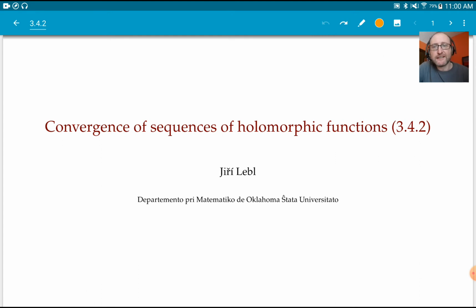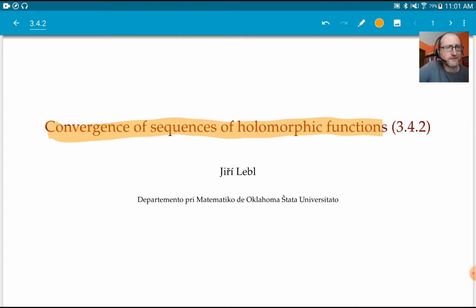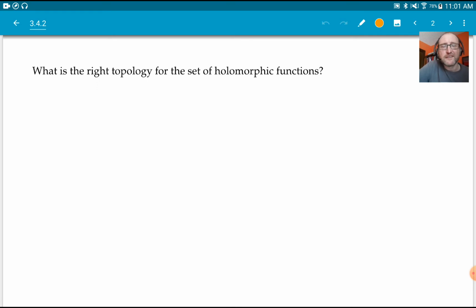So let's look at the convergence of sequences of holomorphic functions, right? So the next subsection in the book. So the question is, what is the right topology for holomorphic functions, right? Kind of the natural topology. What is the topology that first comes to mind if you have holomorphic functions?